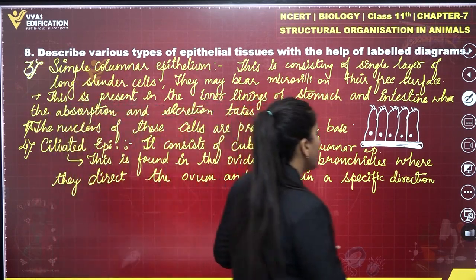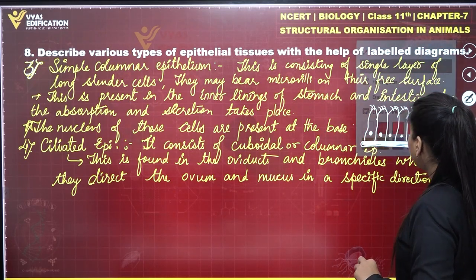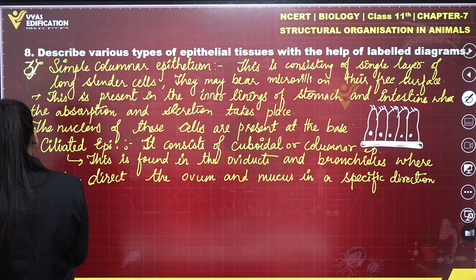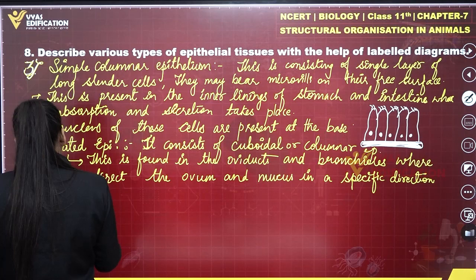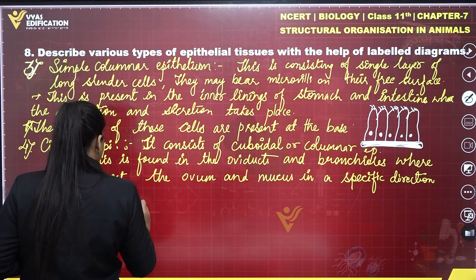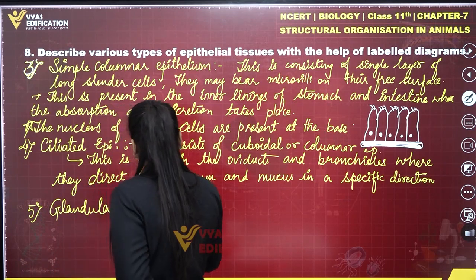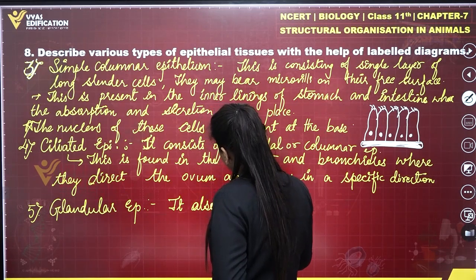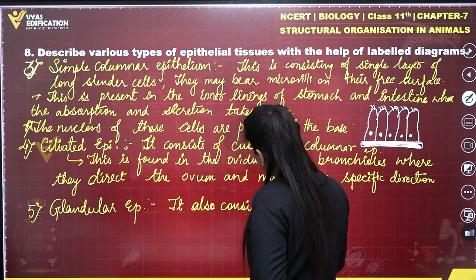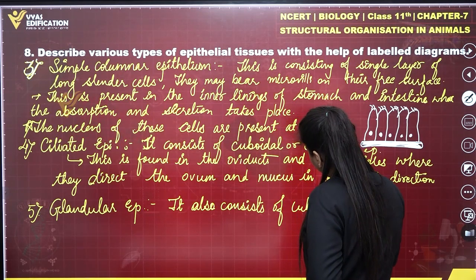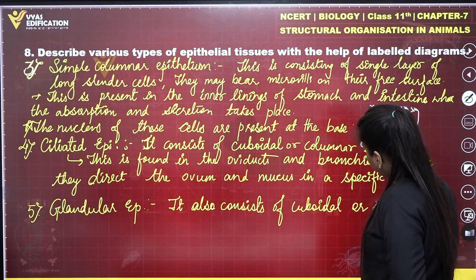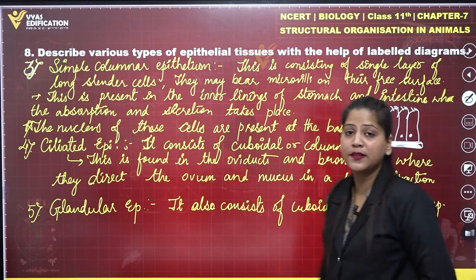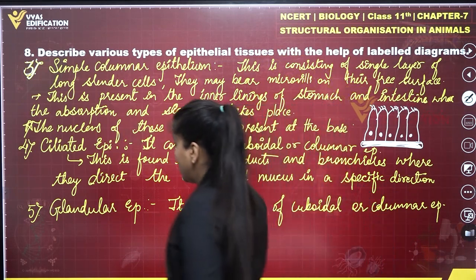The last one, we are moving on to the last one. Last type of simple epithelium, that is your glandular epithelium. Now, it also consists of cuboidal or columnar epithelium.